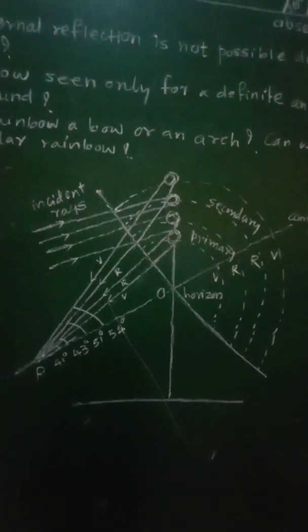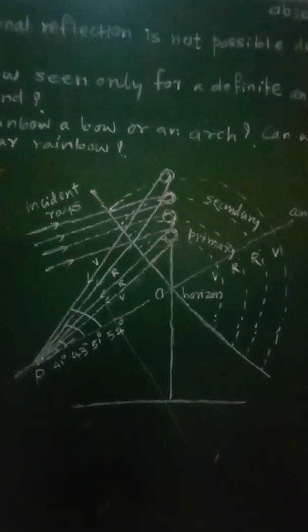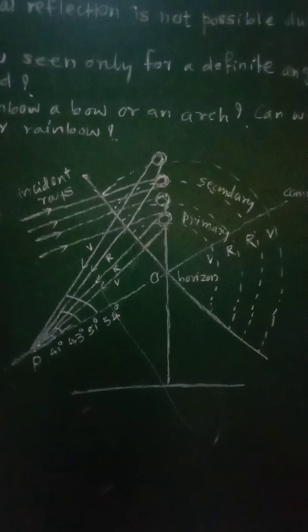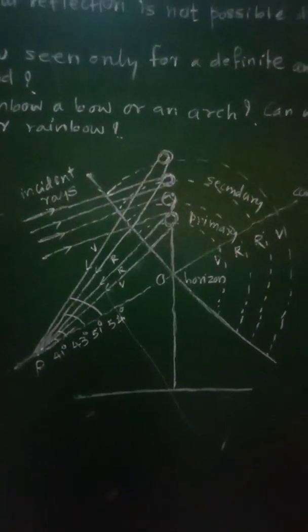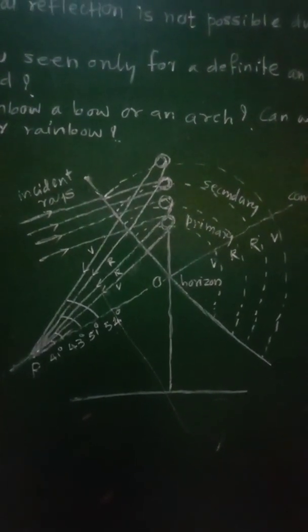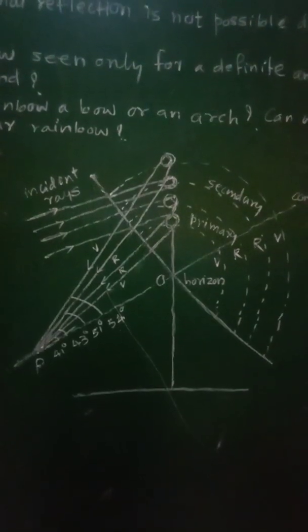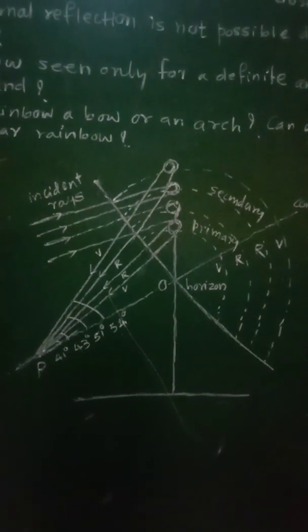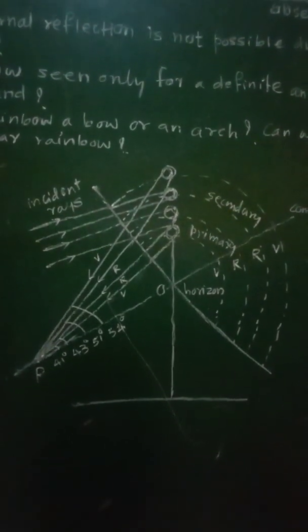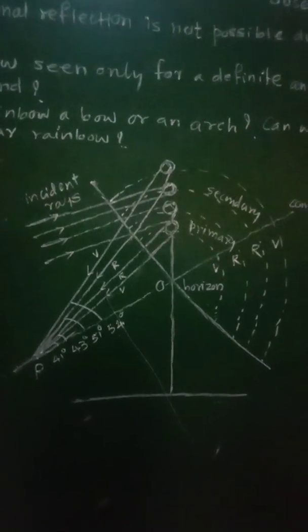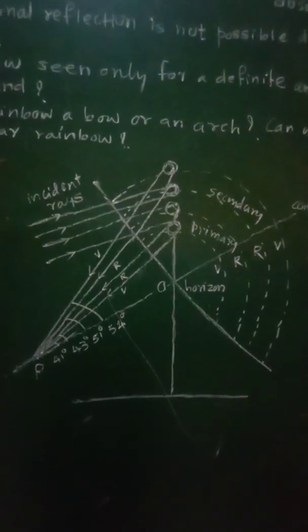The rainbow cannot be seen clearly due to the diffraction of light caused by the too small size of the water drops, and therefore a slightly large size of the drops of water will be convenient for the formation of rainbows.